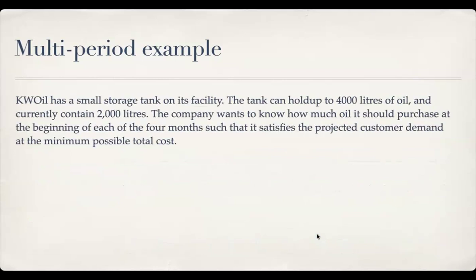So the company wants to know how much oil it should purchase at the beginning of each of the 4 months, such that it satisfies the projected customer demand at the minimum possible total cost. So what do they want?